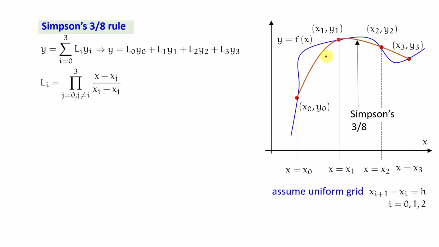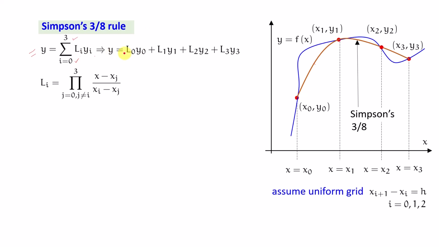Therefore, the equation of this red polynomial should be the sum of Li yi, where i goes from 0 to 3. These L's are Lagrange polynomials.